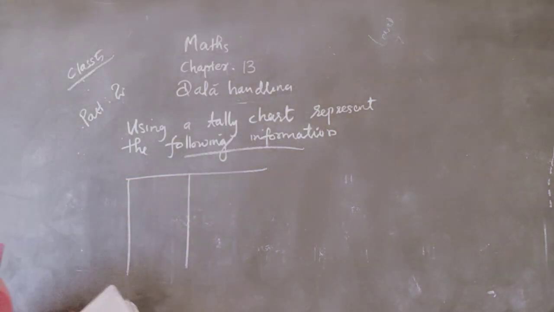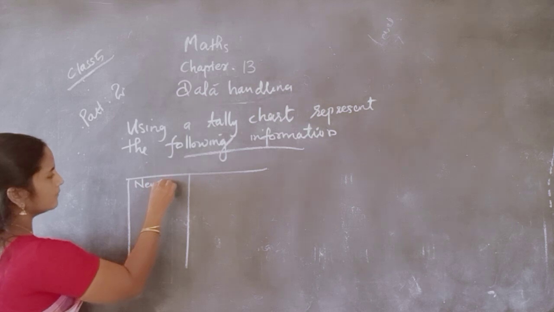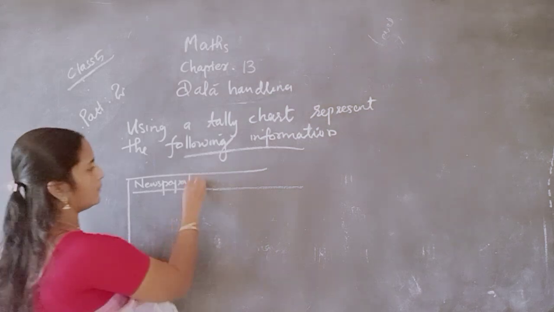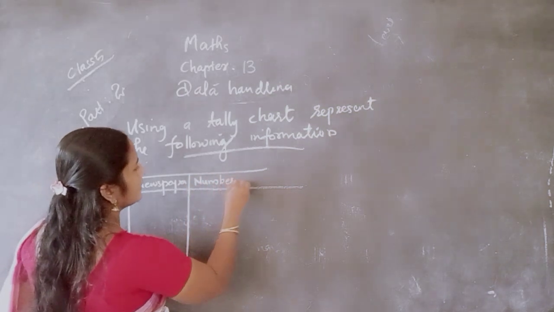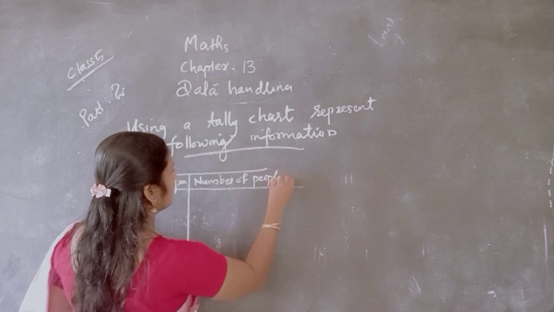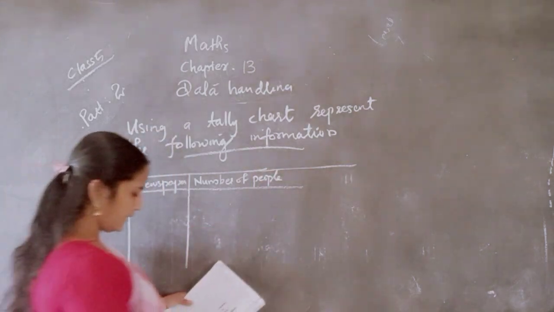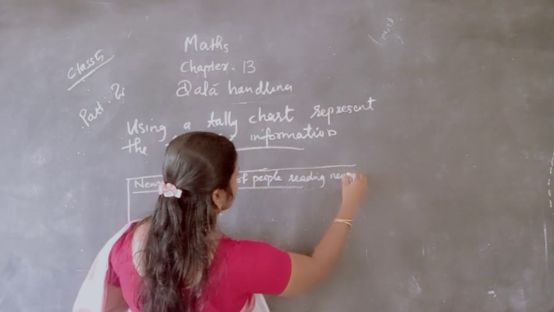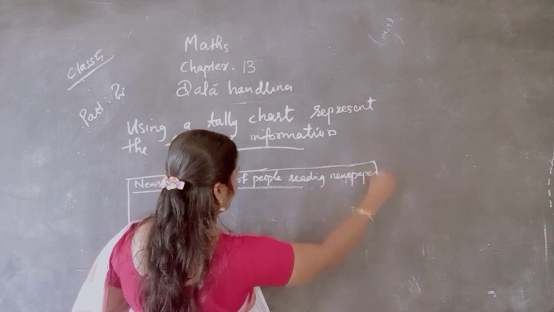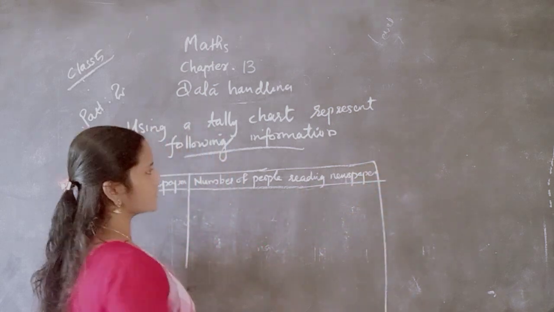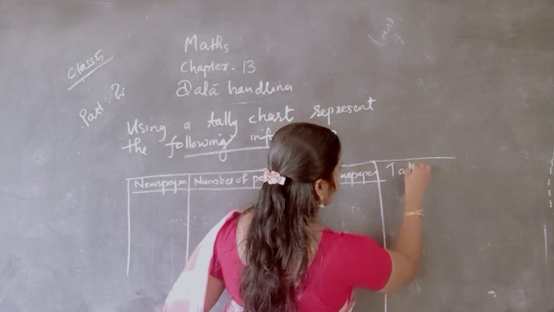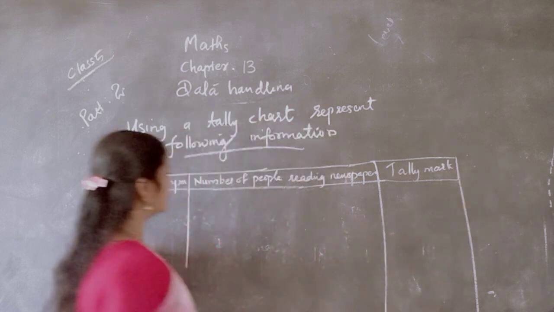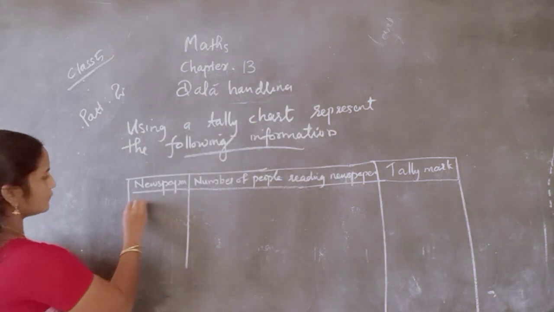The first one represents newspaper and the second column represents the number of people reading the newspaper. We want to write the tally marks corresponding to each one. So our third column is tally mark. And the first one is Times of Country.